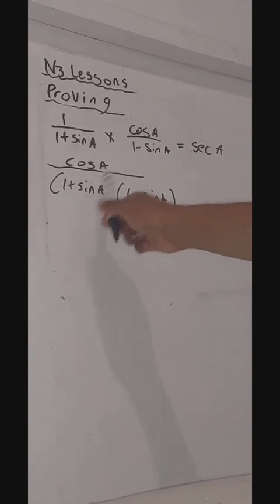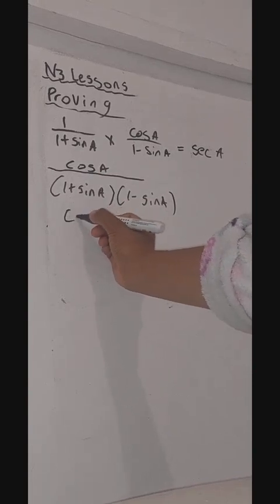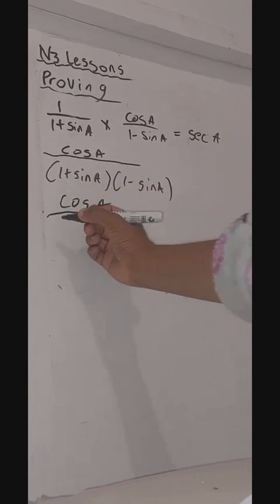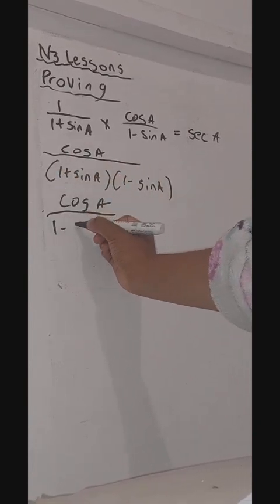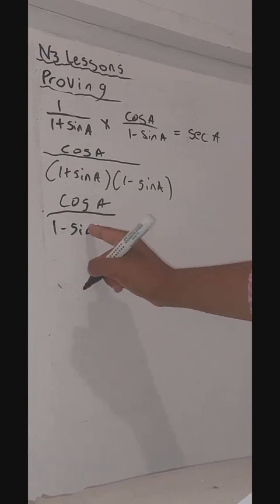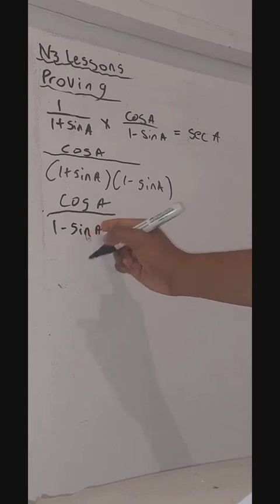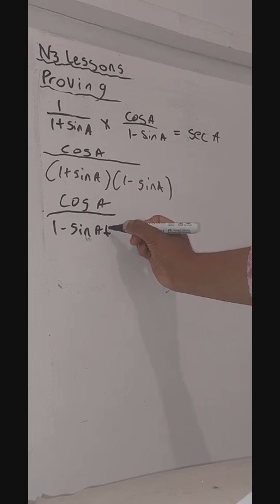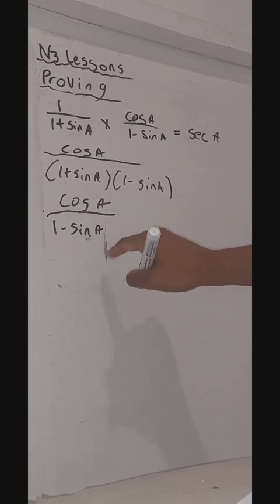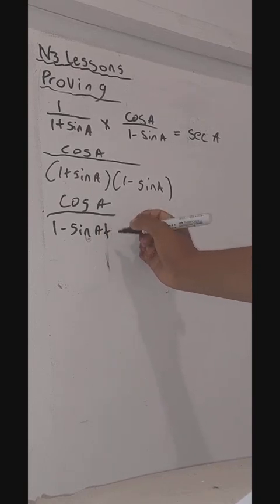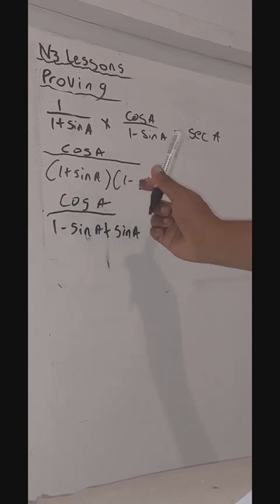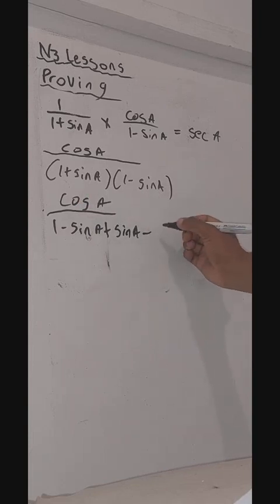So this is what we get to. What can we do here? Two products, multiply everything. So cos A over 1 plus, 1 times 1 is 1, 1 times negative sine A is negative sine A. Positive sine A times 1 is plus sine A, and negative sine A times sine A is negative sine A squared.